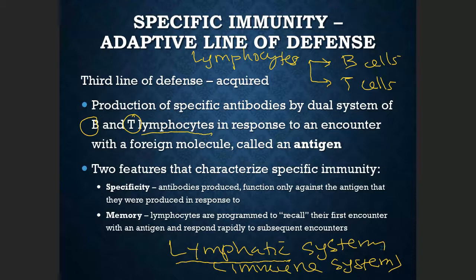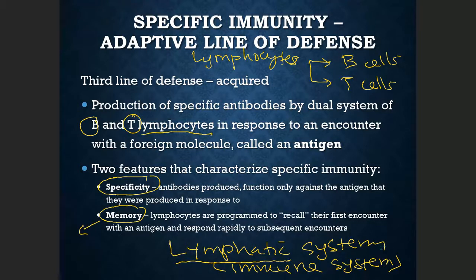So the B cell and T cell not only protect us and destroy the specific infection, which is called specificity, but they also produce what we call the memory cell. Whenever we have a specific infection like chickenpox, for example, we fight it, and after we fight it, we have the memory that will protect us against a second infection of chickenpox.